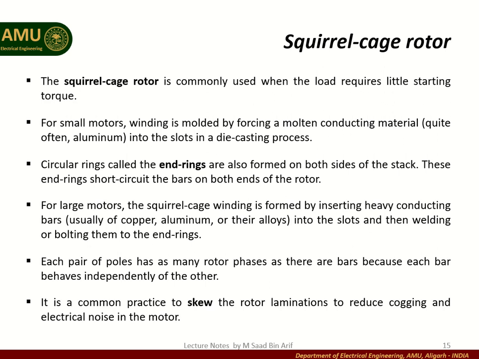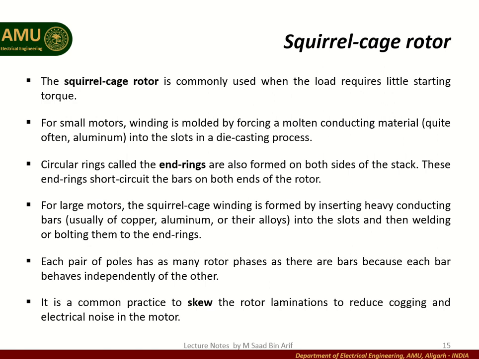For example, in a small motor, the winding is molded by forcing a molten conducting material into the slots in the die casting procedure. So this is also one way of doing the winding of the squirrel cage rotor.